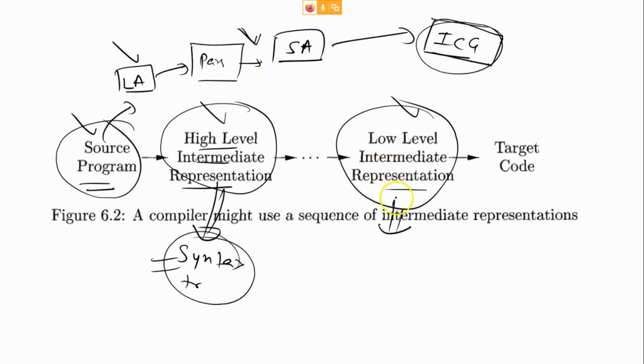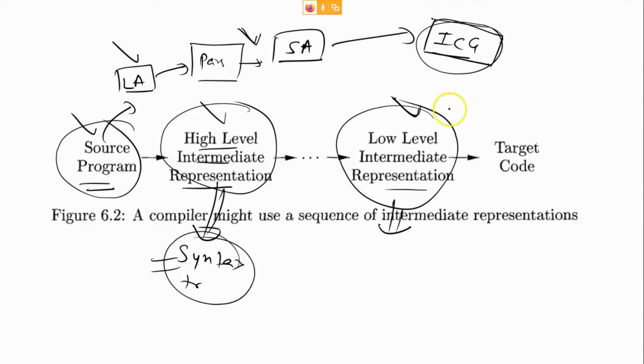So that's why today we will directly start with three address code, which is one possible representation for the intermediate representation. Of course we have other possible representations also, but today we will focus on three address code and also on SSA.